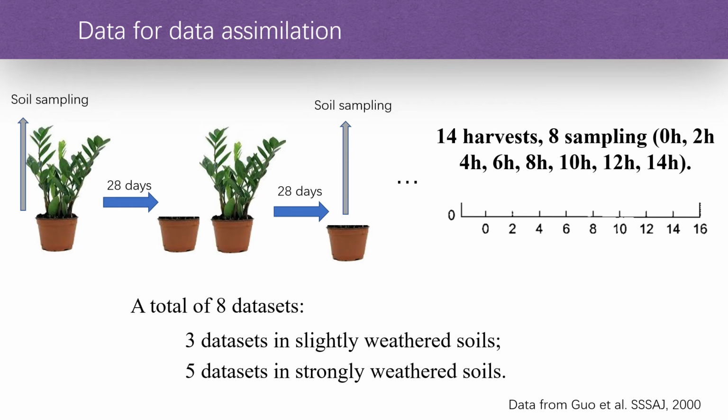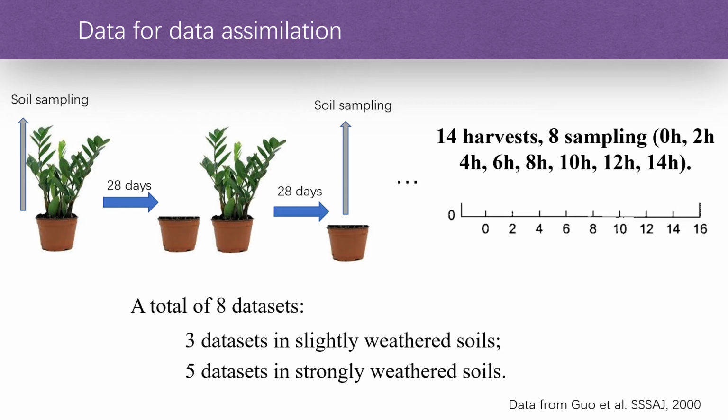The data used in our study was from Guo and co-authors in 2000, published in the Soil Science Society of America Journal. Guo and co-authors reported 8 wonderful datasets of soil phosphorus fractions, including 3 datasets in slightly weathered soils and 5 datasets in strongly weathered soils. In general, they used crops to remove labile phosphorus from those soils to trigger changes in phosphorus fractions over a total of 14 cropping periods.